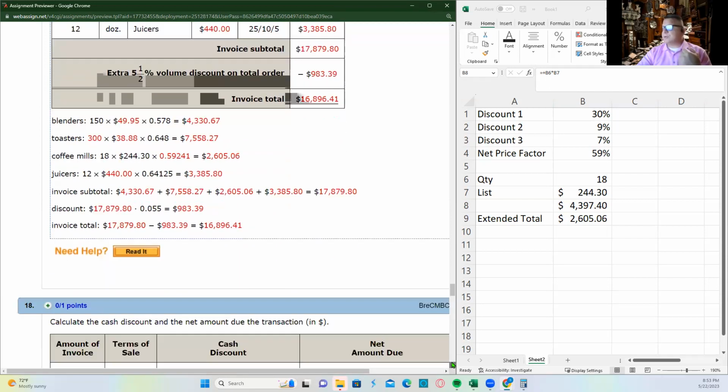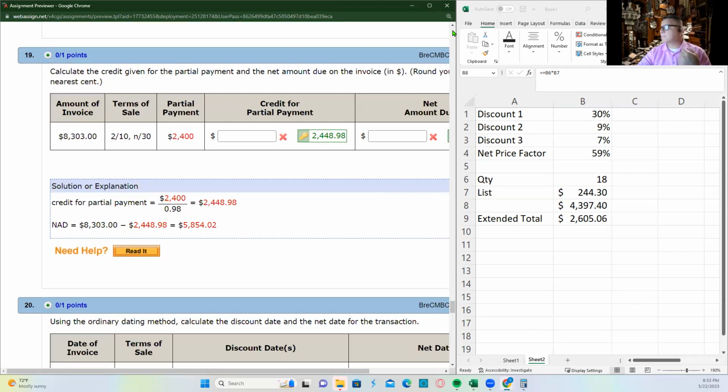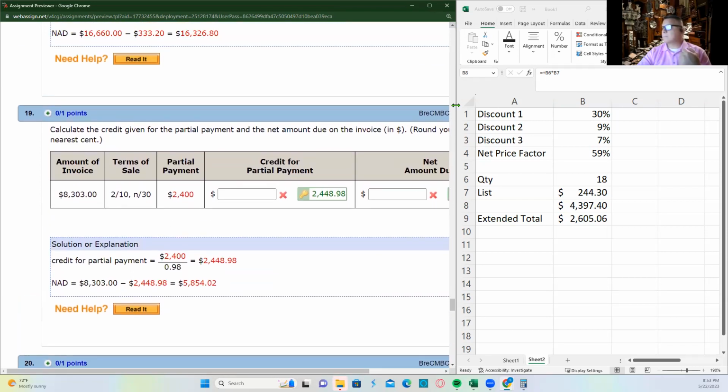Now, sometimes you're going to get a discount for an early payment. Okay. Now, pay attention here because under terms, it looks similar to your discount rate, but this is not what they're telling you. This is your terms. What this is telling you is you get an extra 2% off if you pay that invoice within 10 days.